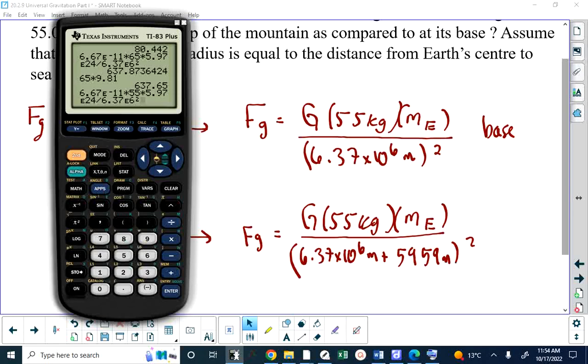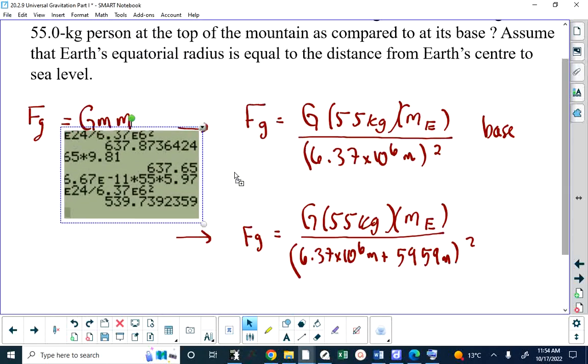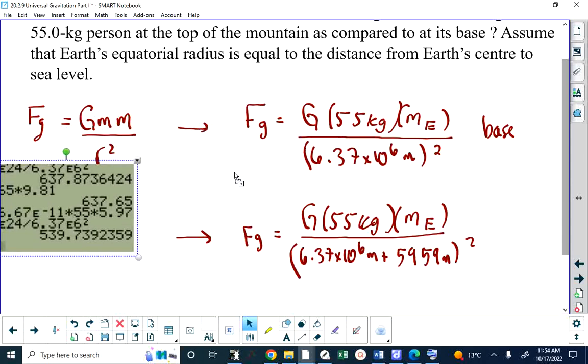You people with a TI-84 or a higher, you're at a disadvantage because things scroll off the screen. It's a real downside to that calculator. So there's my universal constant times the mass of the person times the mass of the Earth divided by that distance squared. So 539.73 newtons. That's at the base of Mount Logan.